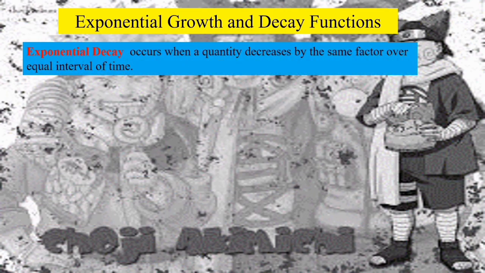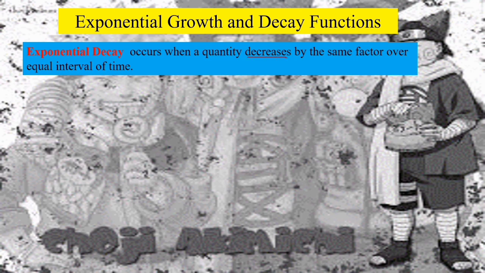So, how about exponential decay? When we say exponential decay occurs when a quantity decreases by the same factor over equal interval of time. So, kanina, exponential growth. Ngayon naman, exponential decay. Kung sa exponential growth, increases siya, dito naman, sa exponential decay, ay decreases.